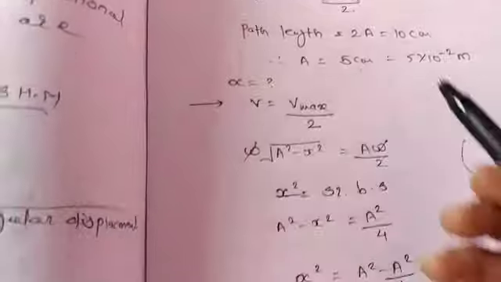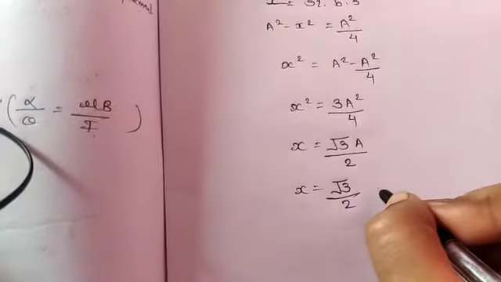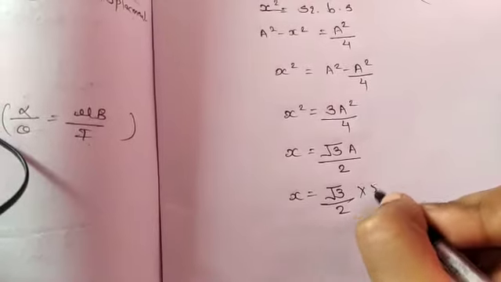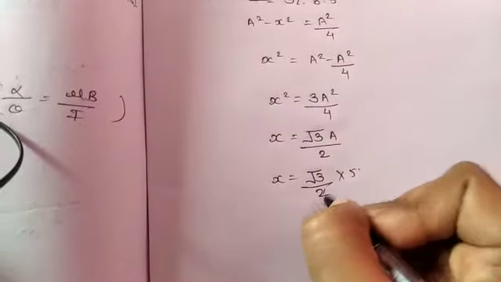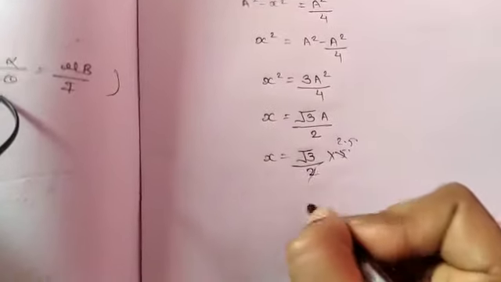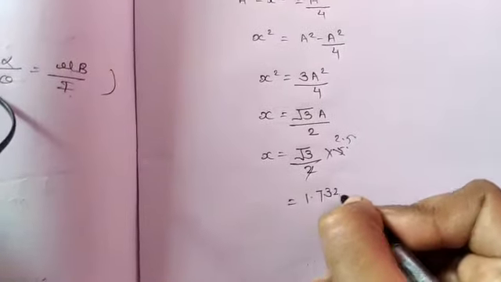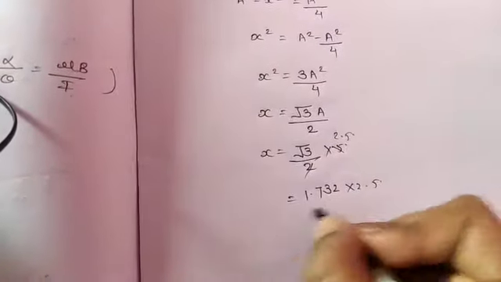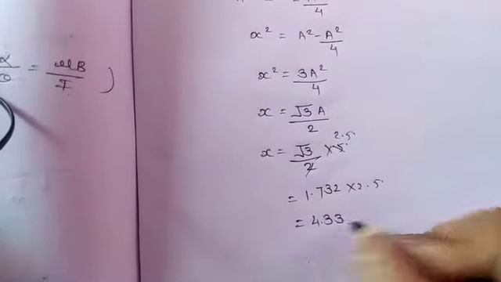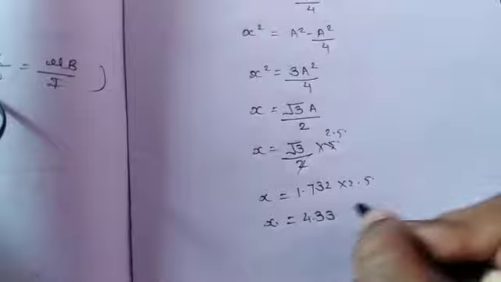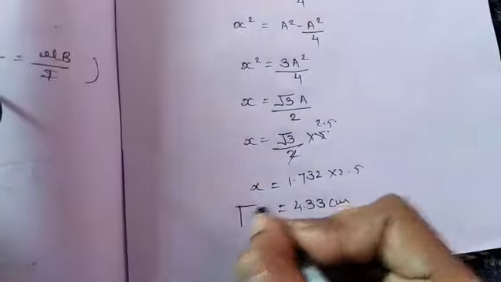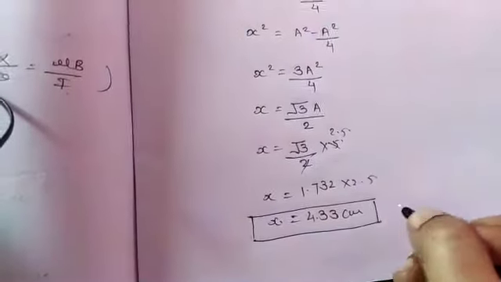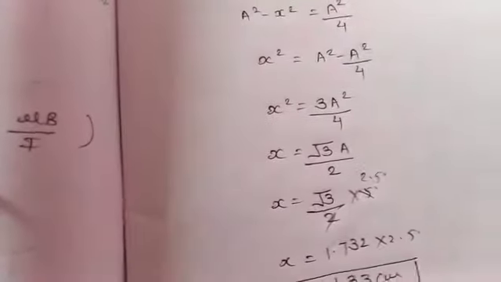What is the value of A? We have the value of A as 5 centimeter. So by simplifying, the root of 3 is 1.732 into 2.5, so this will be 4.33 centimeters. So this is the solution.